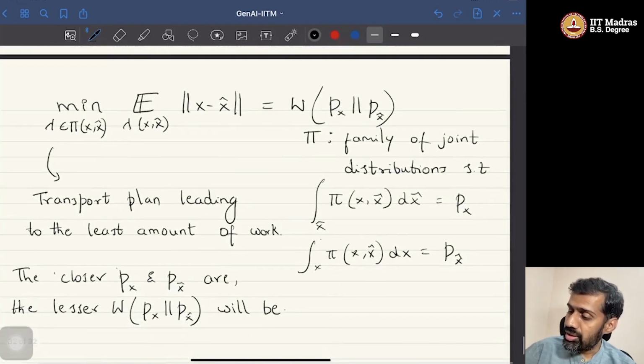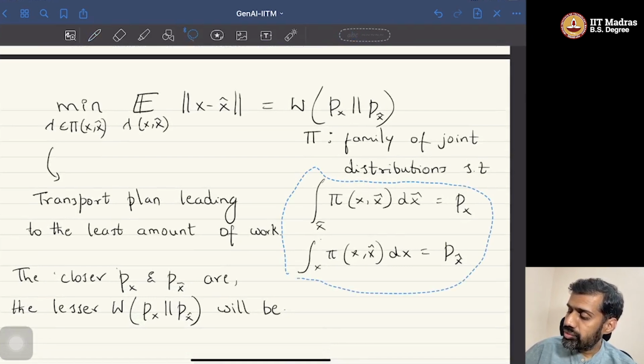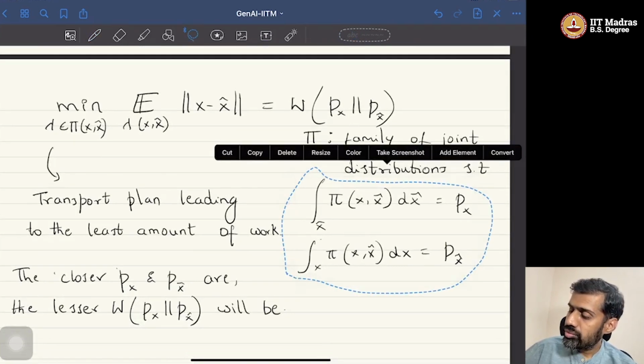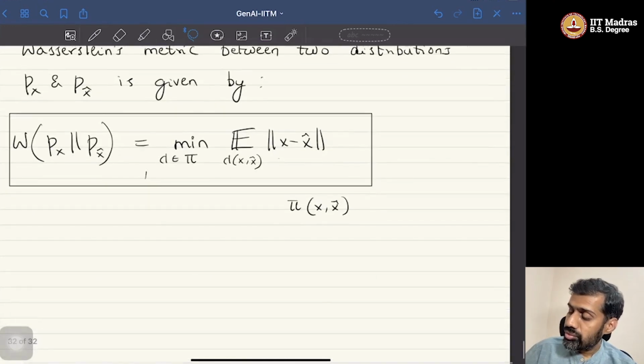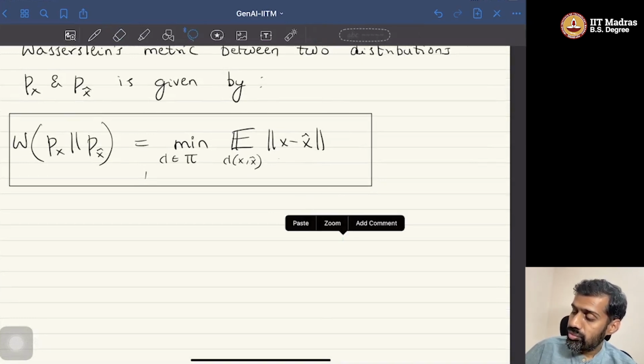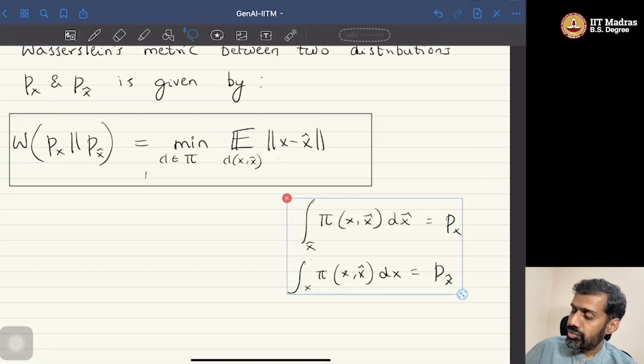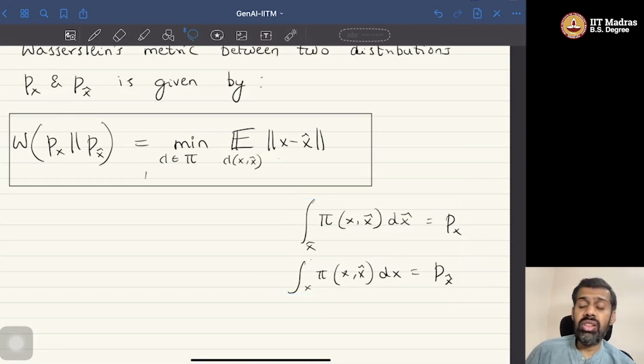Let me just copy this here. That's it. So this is the definition of the Wasserstein's distance.